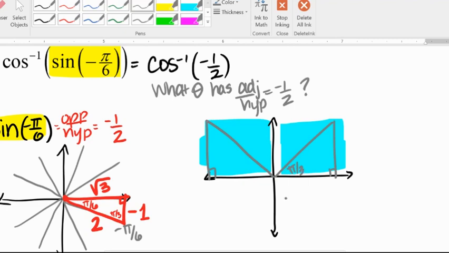So our reference angle here is going to be pi over 3. That would give me, that's 60, so opposite from 60 is root 3. Adjacent would be 1. Hypotenuse is 2. And then you'd have the same values over here, just with a negative 1.